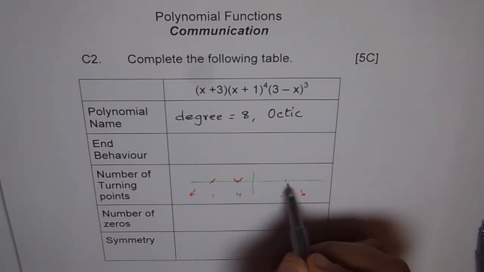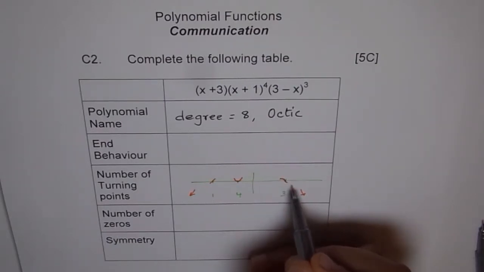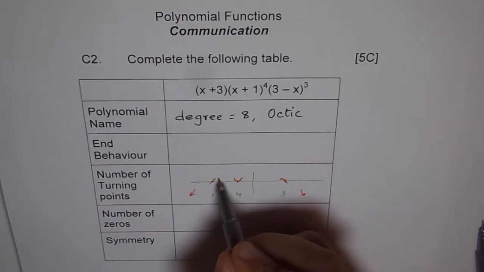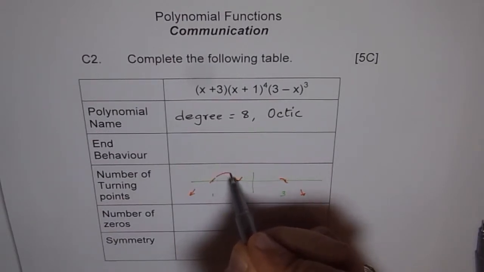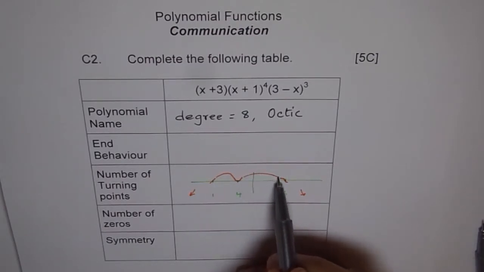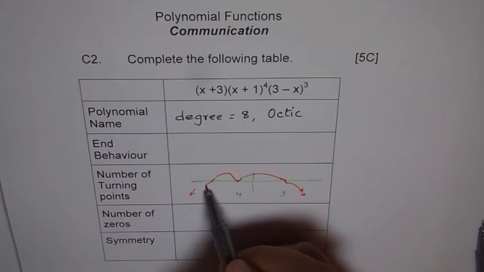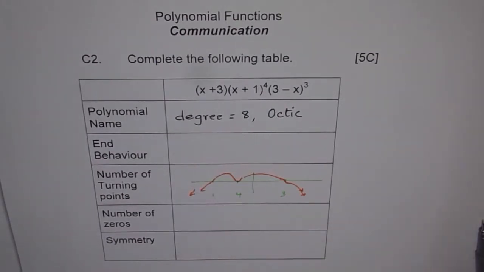And this one at 3 is of degree or order 3 or multiplicity 3. So it will go like this, right? Now we can connect them. So I'm just making a very, very light kind of a graph, yeah, that's how it is, right?